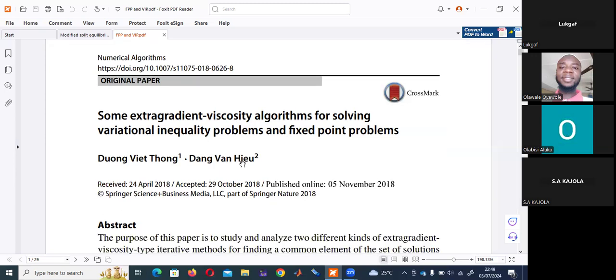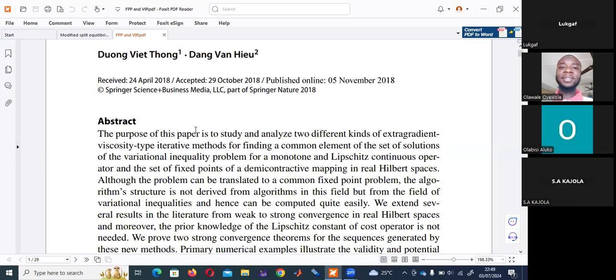So now, like I said, we go through the abstract. The purpose of this paper is to study and analyze two different kinds of viscosity-type extragradient methods for finding a common element of the set of solutions of the variational inequality problem.